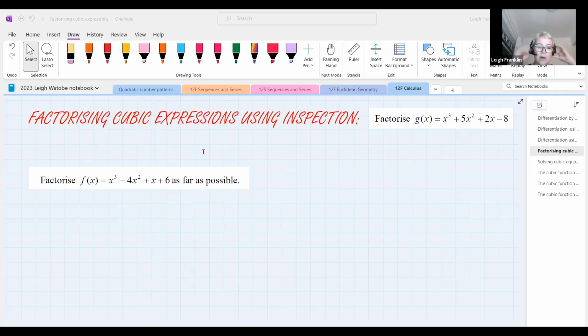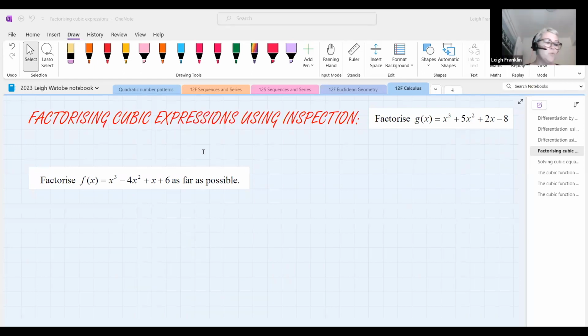Okay, so now you never ever hear teachers say this when we ask you to solve equations, but anyway, here we go. Now what you need to do is pick up your calculator. We need to find a linear factor of f of x, bearing in mind that it also has to be a factor of 6. So we're going to try 1, we're going to try -1, we're going to try 2, we're going to try -2, we're going to try 3, we're going to try -3. So we're using factor theorem. We want to get 0 as an answer.